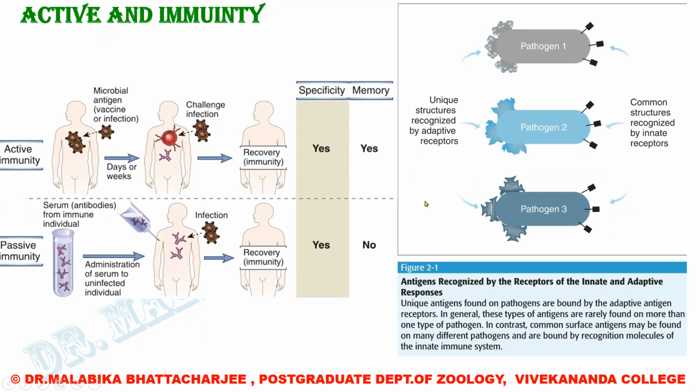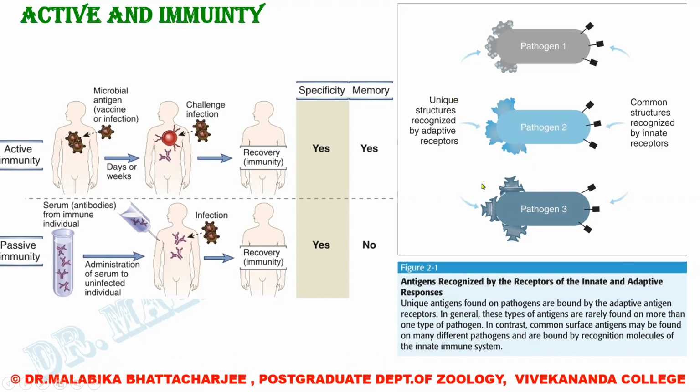And this is a picture of how and what kind of antigens are recognized by the receptors of the innate and the adaptive immunity. The innate immunity has receptors which recognize particular molecular patterns on pathogens, while the adaptive immunity receptors recognize particular surface antigens which act as epitopes.